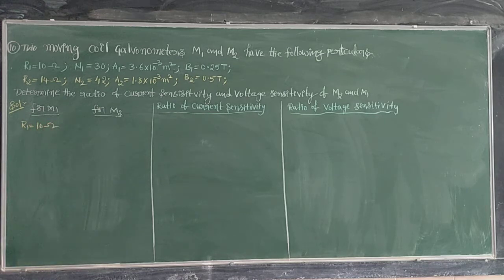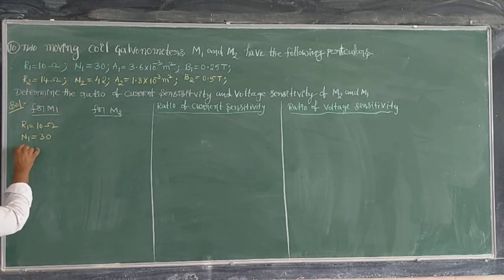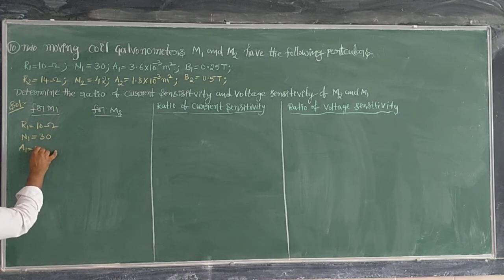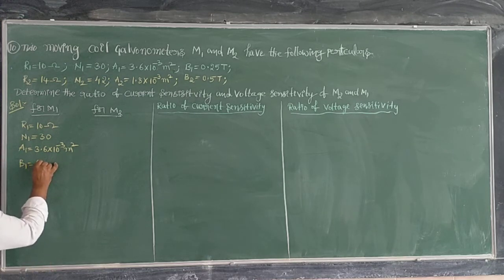The resistance of the first coil of wire is 10 ohm. The number of turns in the first moving coil galvanometer is 30. The area of the coil in the moving coil galvanometer is 3.6 into 10 power minus 3 meter square. The magnetic field in which the first moving coil galvanometer is placed is nothing but 0.25 Tesla.